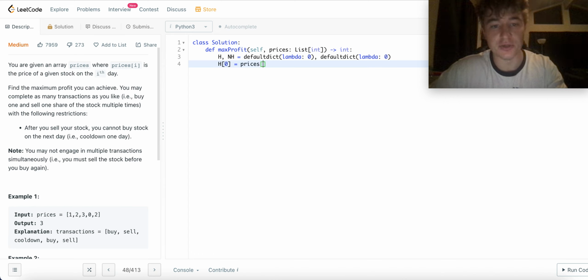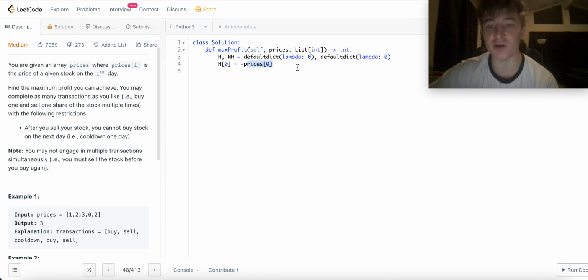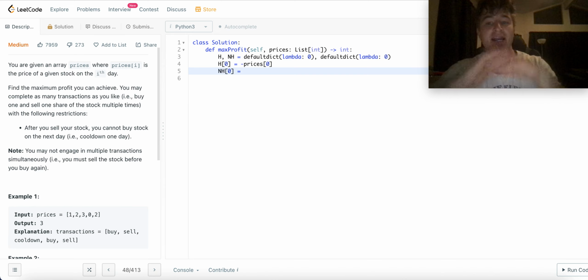It would cost you negative the prices at 0. Because if you're holding on day 0, you had to spend prices at 0 units or whatever currency you use in order to get that. And if you're not holding at day 0, the best you could get is by not purchasing anything. You have no other option. If you're not holding on day 0, that means you didn't buy day 0. So that costs you 0.